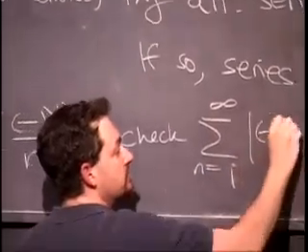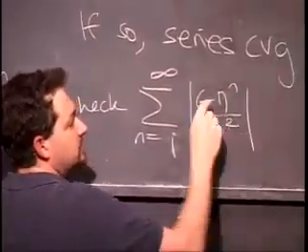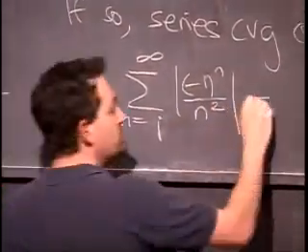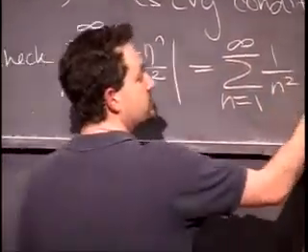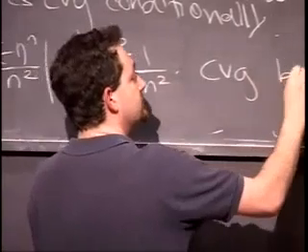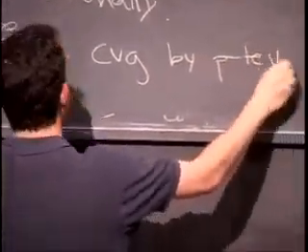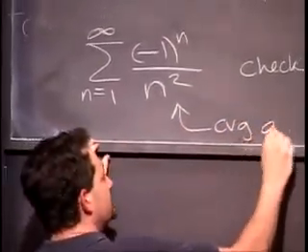If you do, you get the sum of just 1 over n squared, which converges by the p-test. So this converges absolutely.